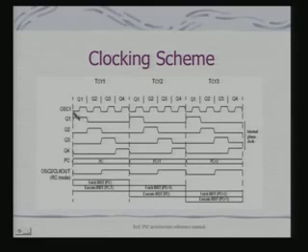If I say a 4 megahertz clock input, that means essentially I have a clock whose frequency is 4 megahertz. This clock is internally divided into 4 quadrature clocks. I am showing you Q1, Q2, Q3 and Q4. The whole instruction execution is managed by these 4 quadrature clocks.